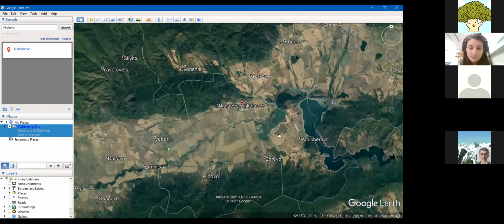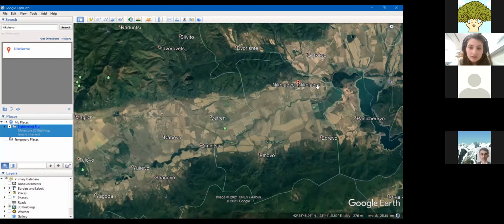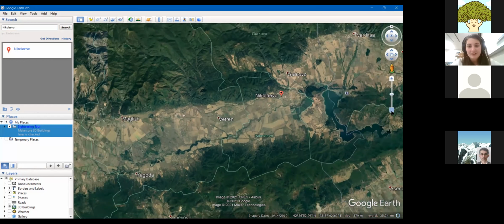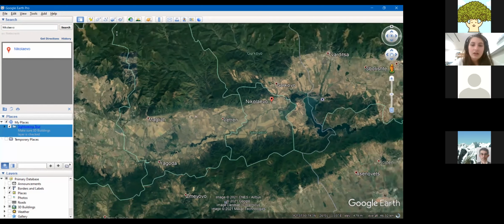If you can see, this is the river, and then it reaches this lake near Panicherevo. I know that the affected area in 2014 was somewhere from Jagoda here to the lake.